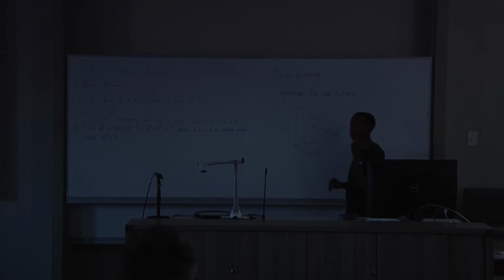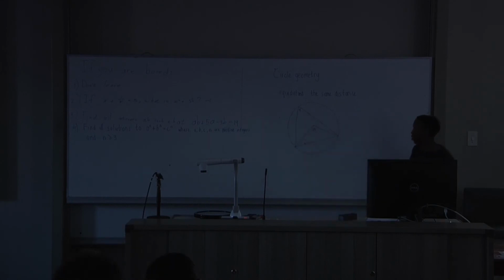I'm sure those who've done circle geometry know that if you call this theta, then that's twice theta, right? And the nice thing about this one is that it can actually be proven. The other one was just a property that we assumed because it's a building block, but this can actually be proven.